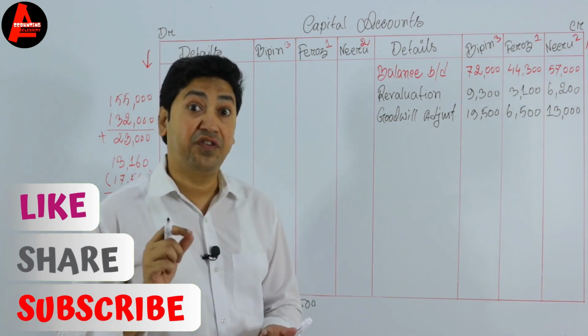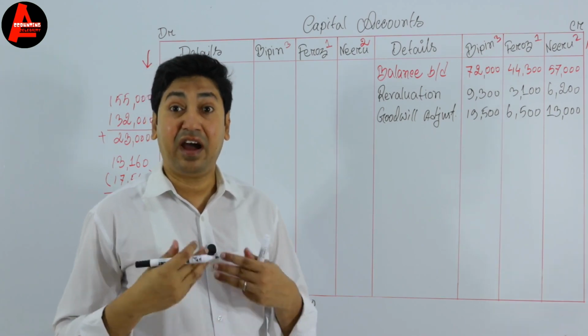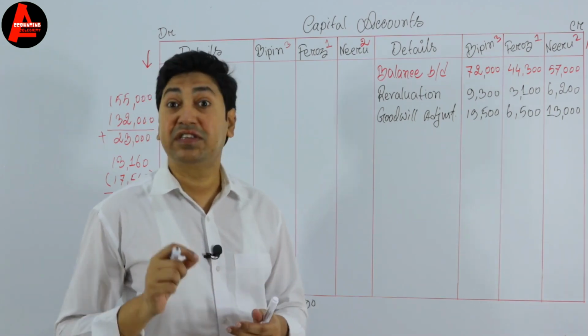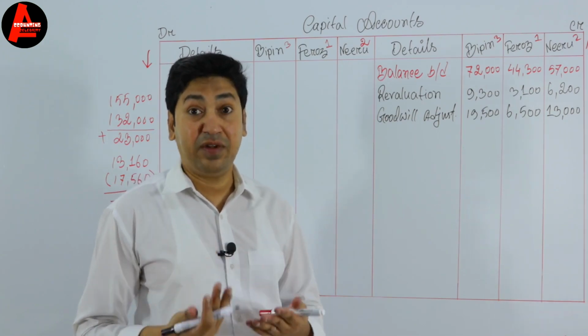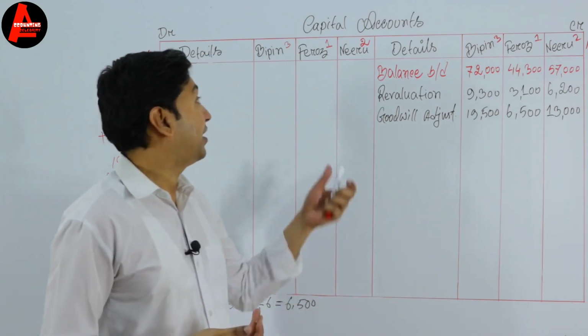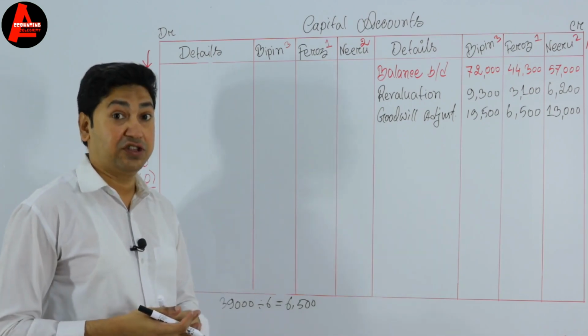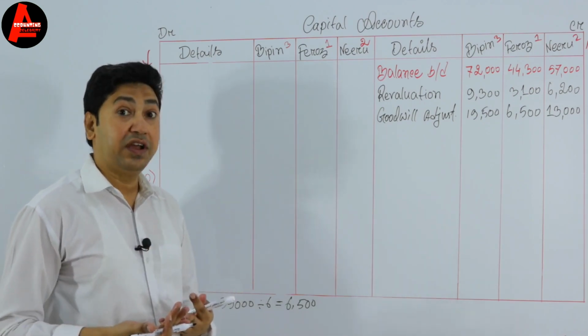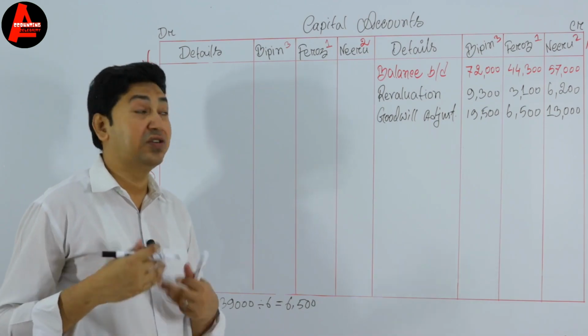From there Firoz will only take $15,000 and the others he will leave, because he has a loan in the business. The liability of the loan will be taken by the new partner, Niro, because Niro will take the share of Firoz.